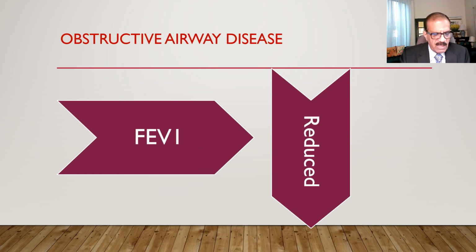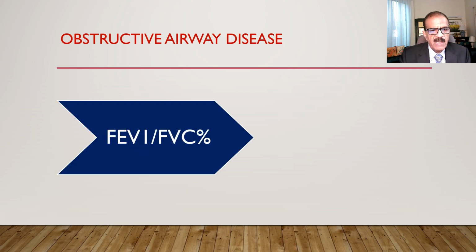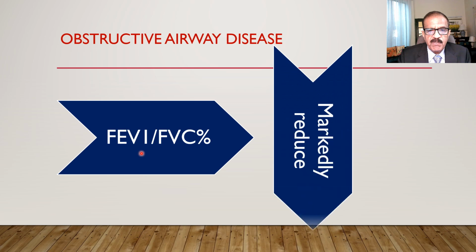But the parameter which is affected the most, and because of it, is the most sensitive, is forced expiratory volume during first second divided by forced vital capacity, and we take the percentage. What percentage of the forced vital capacity is exhaled during first second? Now this is particularly effective.